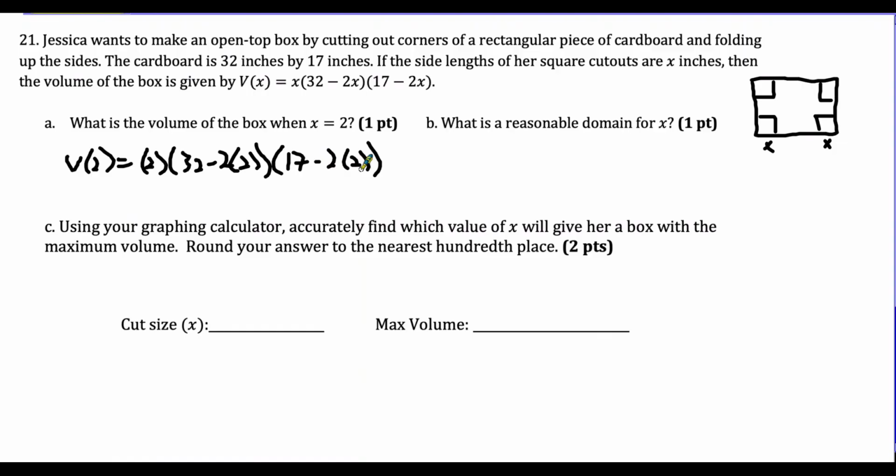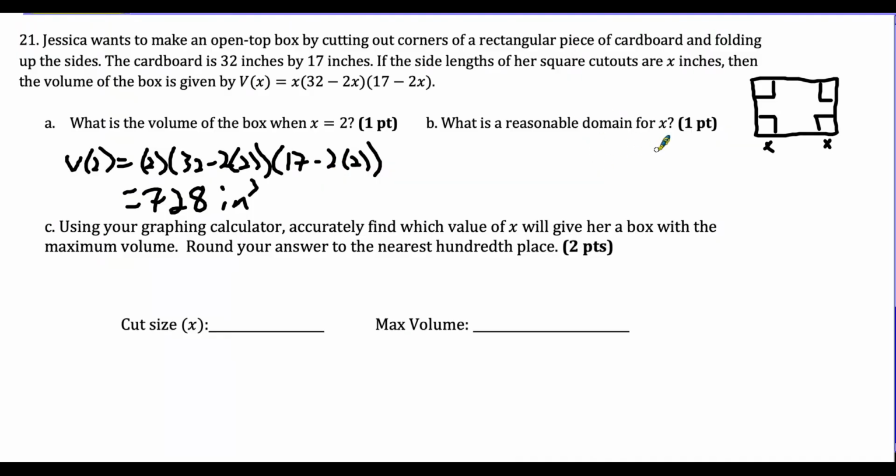So if I put all of that into the calculator, we get 728, I believe. So 728 cubic inches.